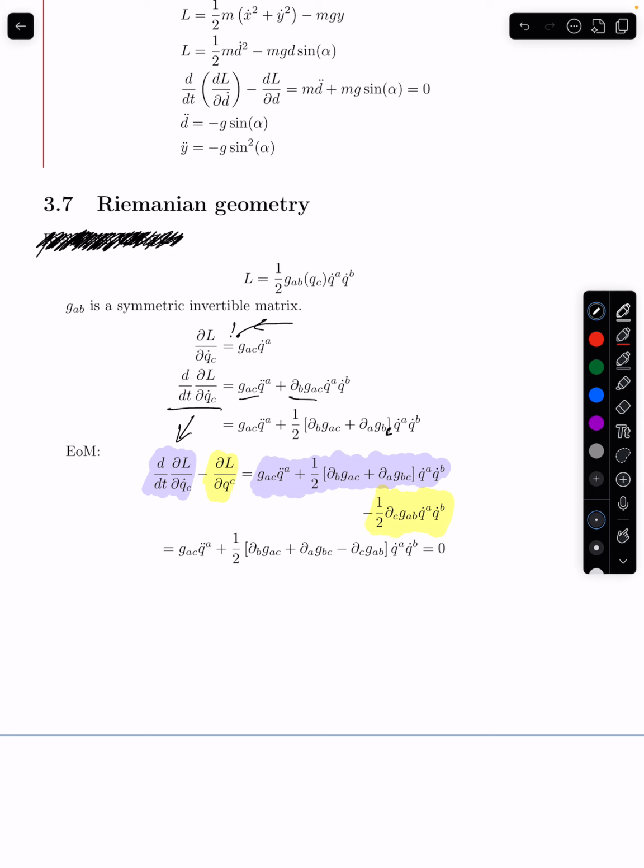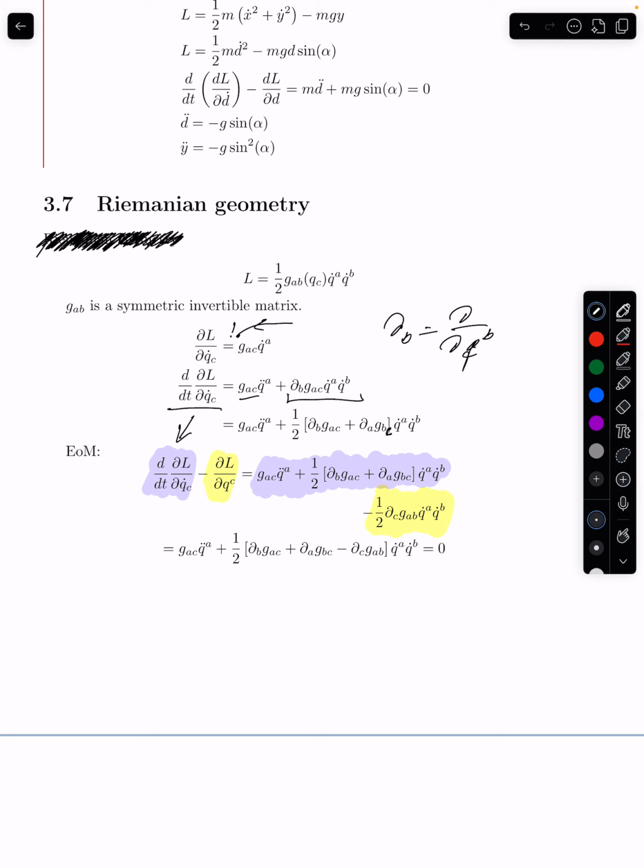It can be differentiated with respect to the coordinate q_b, but q_b itself depends on time, and therefore I will have here this combination: its derivative with respect to q_b, ∂_b, and then I differentiate q_b with respect to time. Okay, very good.